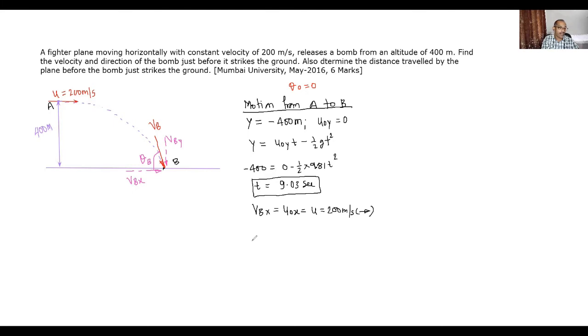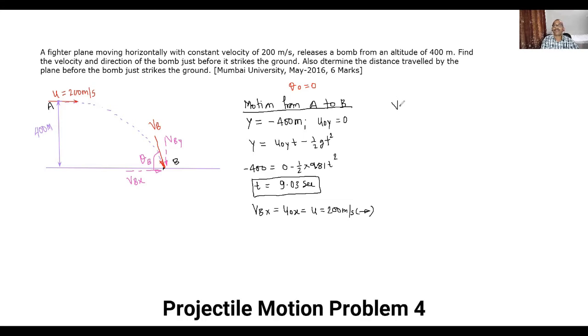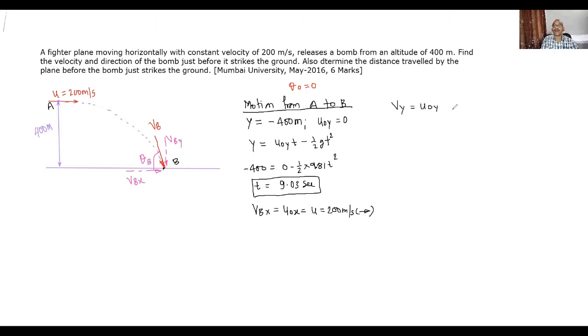To find the vertical component, we will apply our equation for velocity. The basic equation is Vy equal to u0y minus gt. Now Vy means Vby, the vertical component. u0y is 0 and g is 9.81.